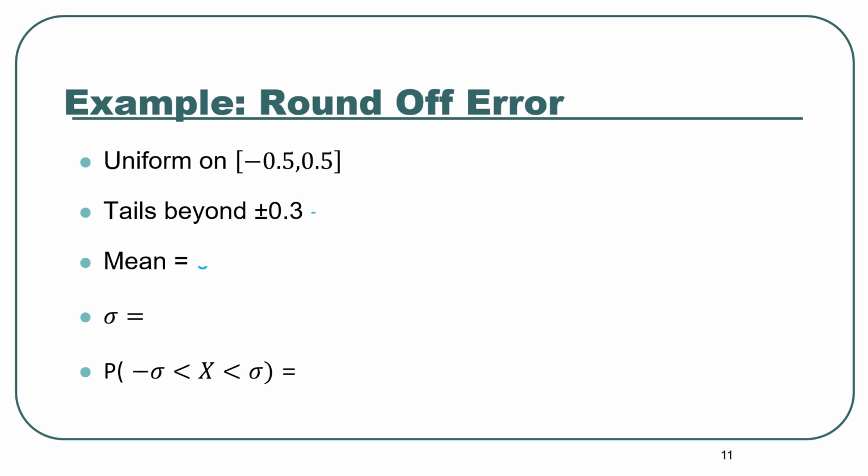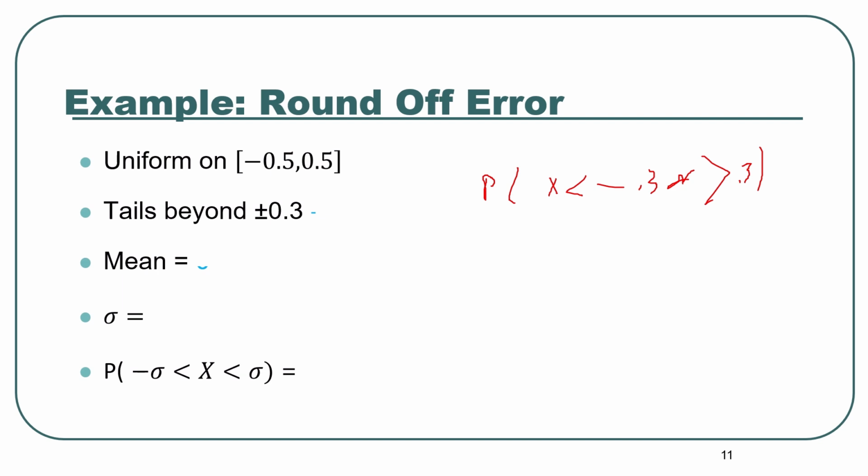So I want to calculate the probability that x is less than minus 0.3 or greater than 0.3. These are the tails.